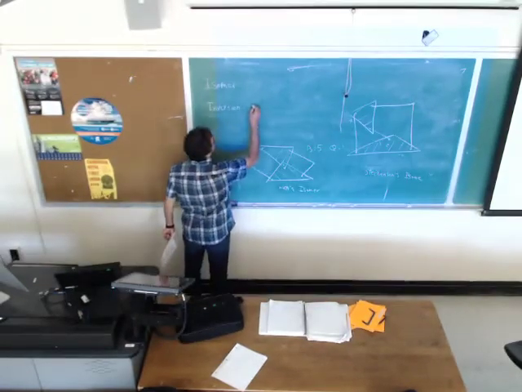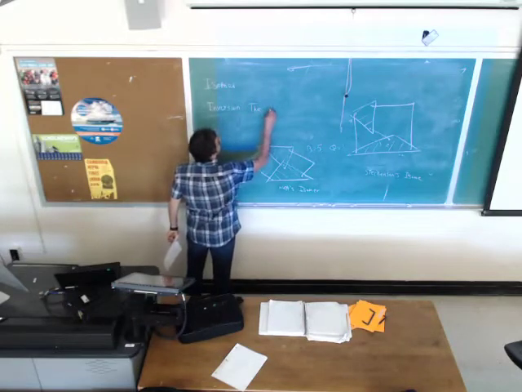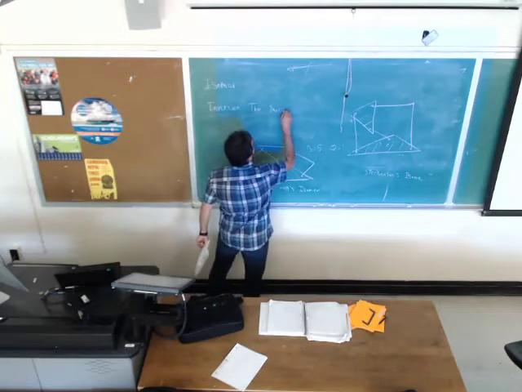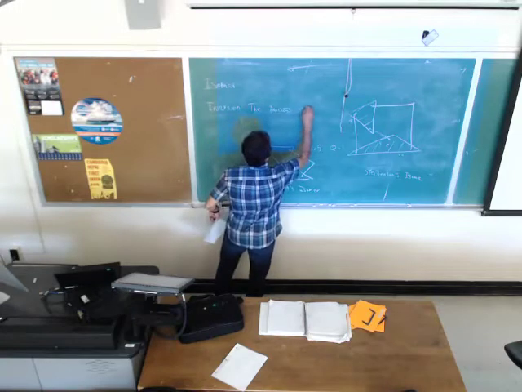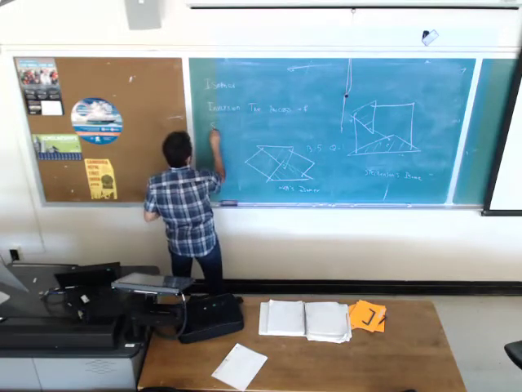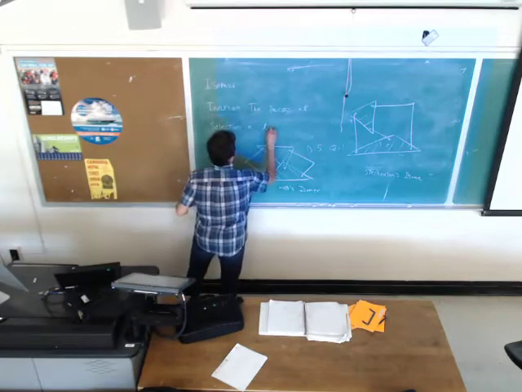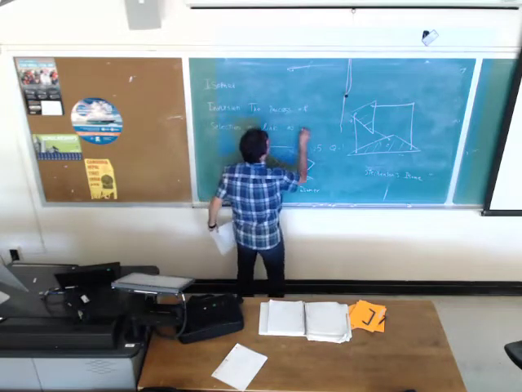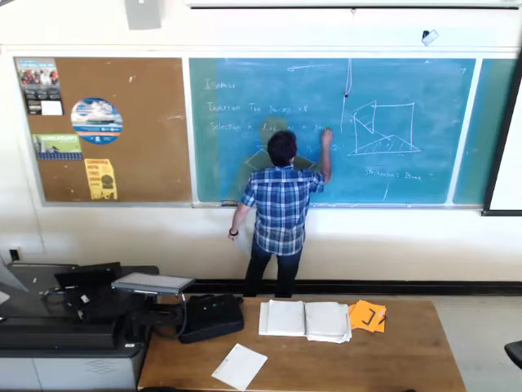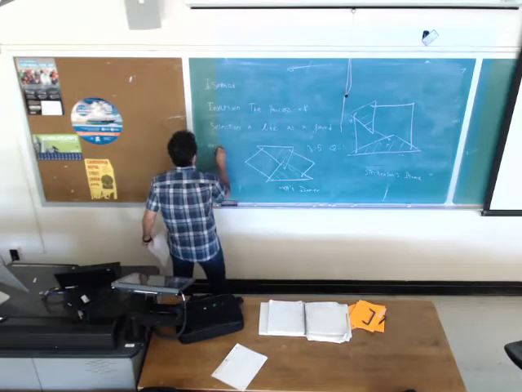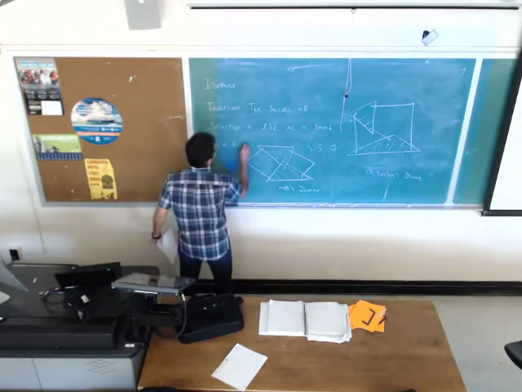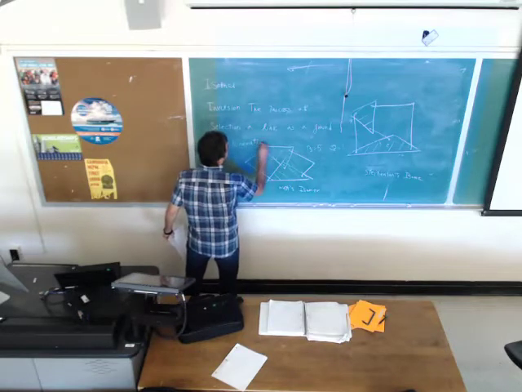Inversion is the process of selecting a link as a frame or ground on a kinematic chain.